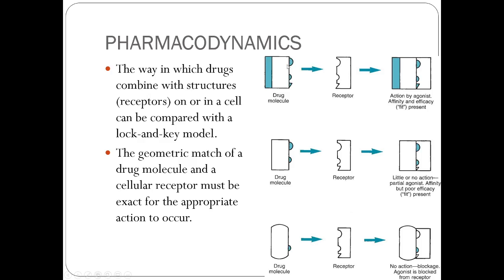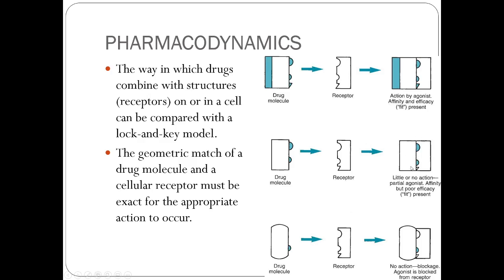If a drug molecule fits exactly into a cell receptor, we call this an agonist. It is causing the same act that a normal process in the body would cause with that cell. Now, it may increase that act or it may decrease that act, it may be inhibitory, it may be stimulatory, but it's like a lock and key model.